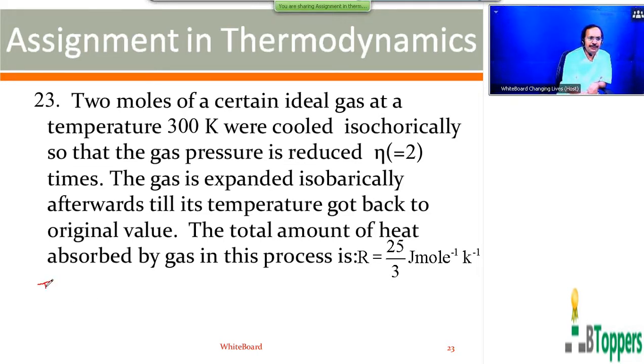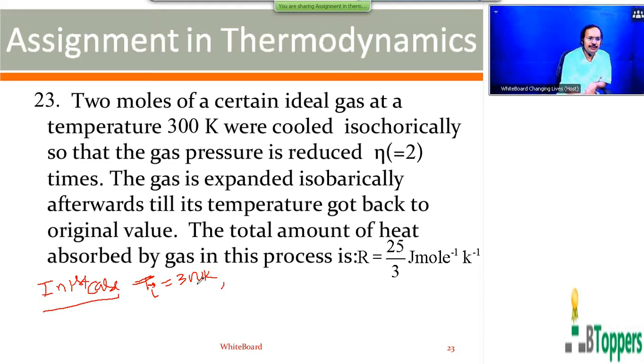So in the first case, the gas is cooled isochorically, means at constant volume. So initial temperature in the first case, I denote it by T, that is 300 Kelvin.